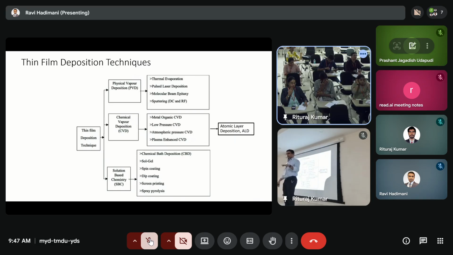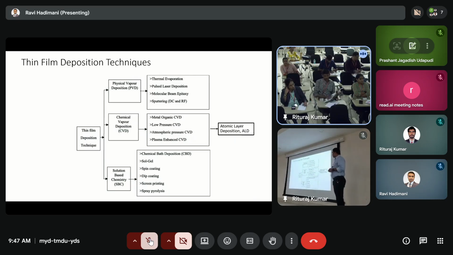Anything above 1 micron is a thick film. And of course, if you make it 500 microns, now you're almost into bulk materials. But thin film is about less than 100 or less than 500 nanometers; that's what we call thin film.